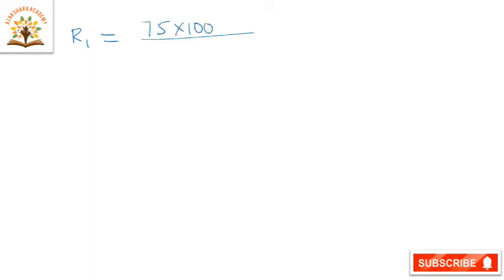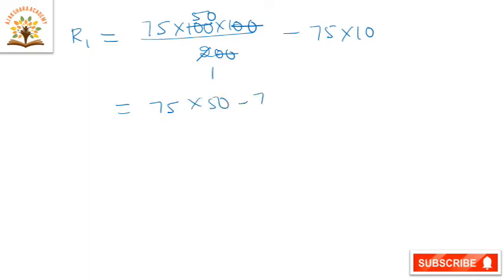Now R1 is equal to 75 into 100 into 100 by 200, minus 75 into 10. These two zeros cancel, and 2 ones, 2 fifties, so taking 75 into 50 minus 75 into 10.